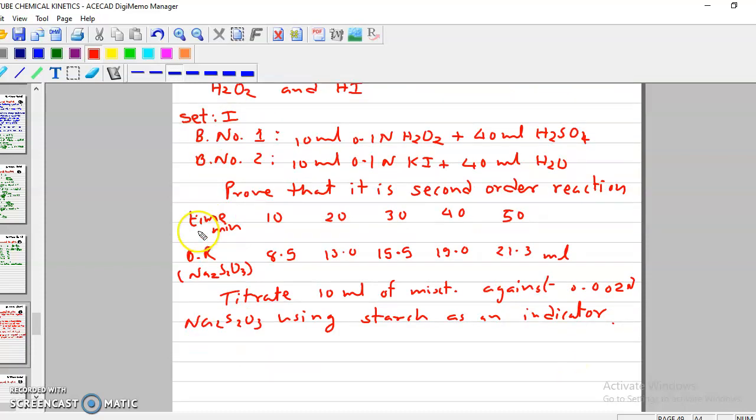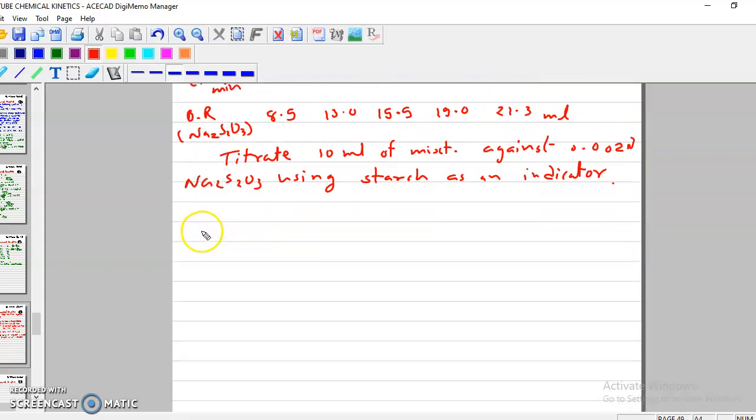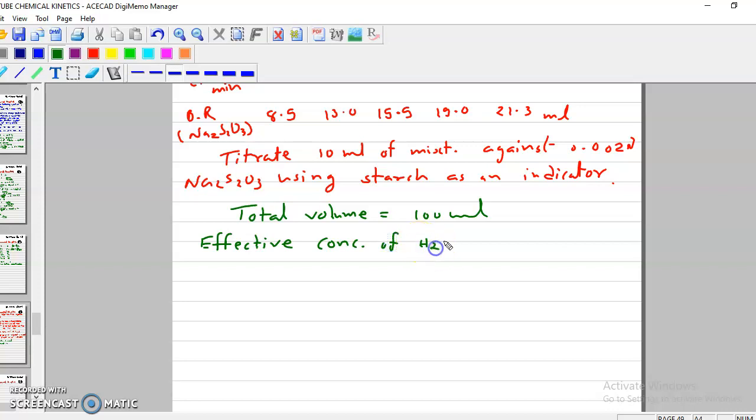Well, to find out whether this is a second order reaction or not, first of all we have to calculate small a and small b. Now the total volume of both the bottles when we mix them will be 100 ml. So first we find the effective concentration of H2O2 in total volume.